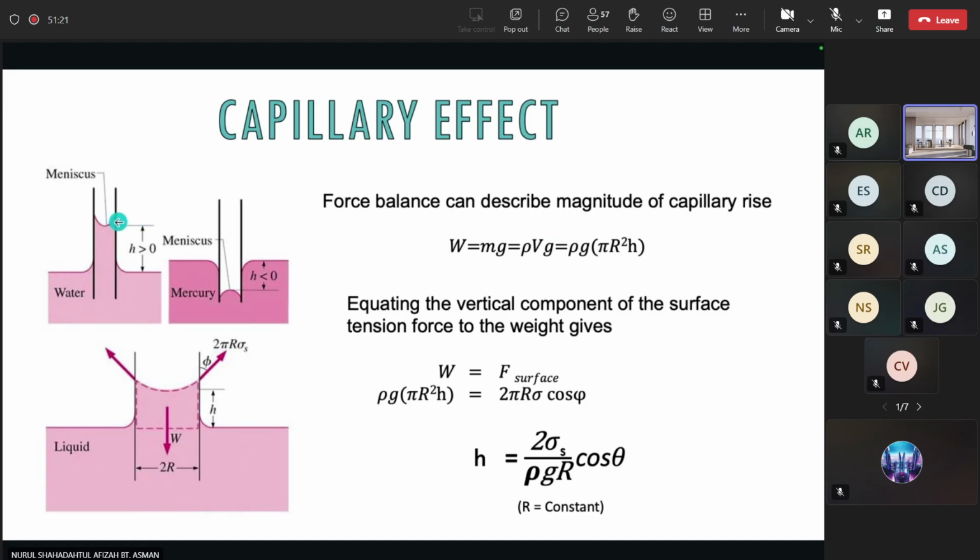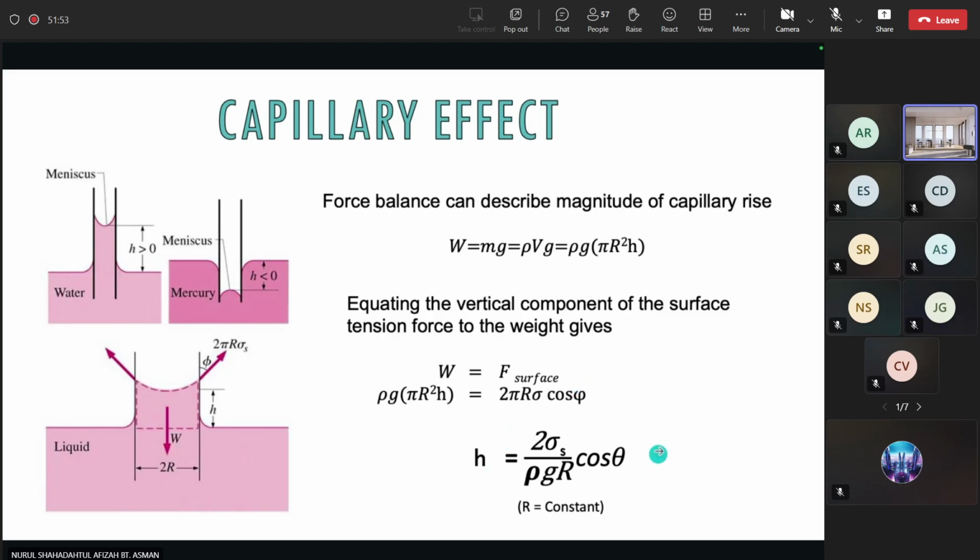This is the height. Then equating the vertical components of the surface tension to the weight gives this force balance: W equals F. So W is this equation, and the force is 2πr times the cosine of the angle, from the previous subtopic.